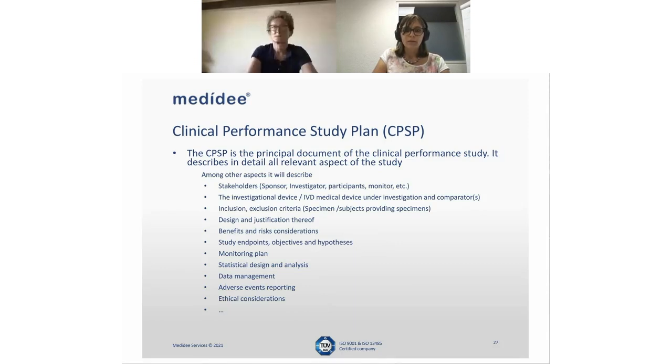It's the stakeholders, like a description of the investigational device, what is going to be the gold standard used as part of the study, the inclusion-exclusion criteria, the design, justification of the design. So hence you need to really think about how you design your study. So several aspects need to be considered as part of this clinical performance study plan.